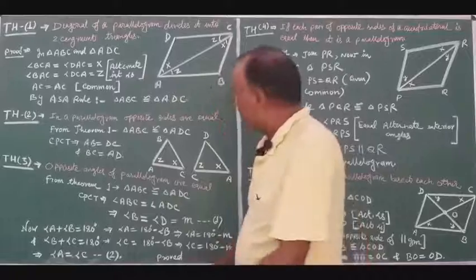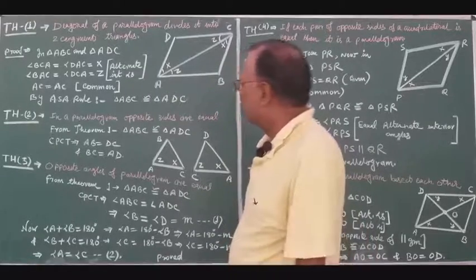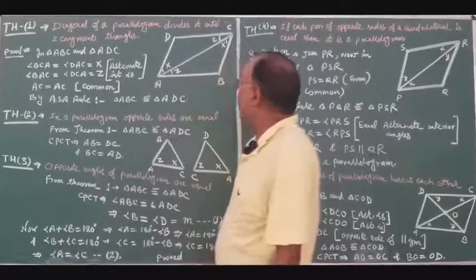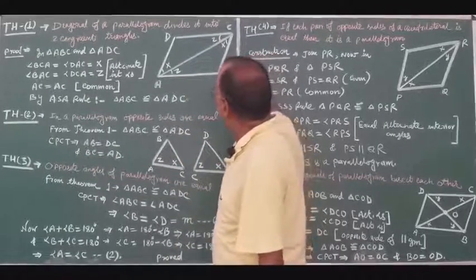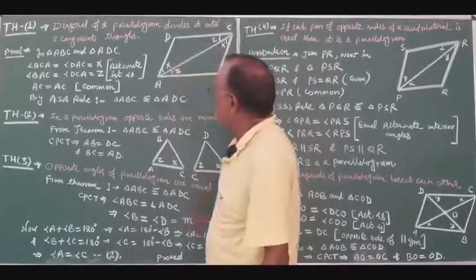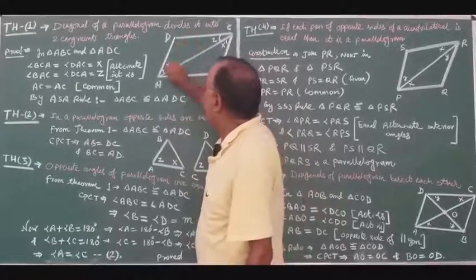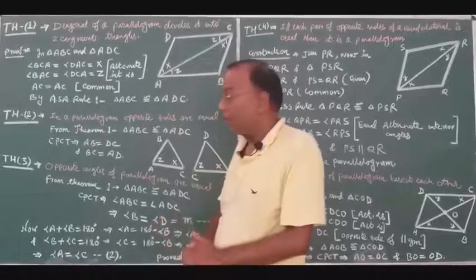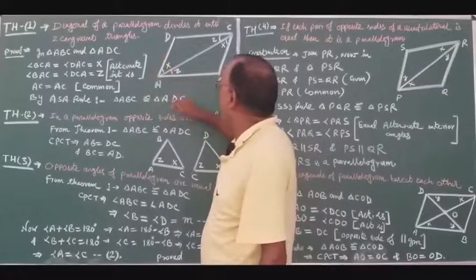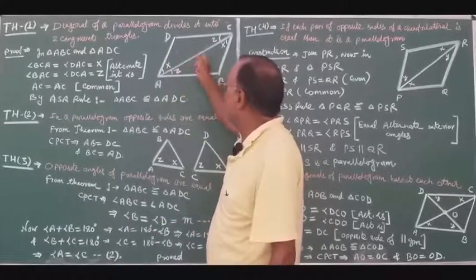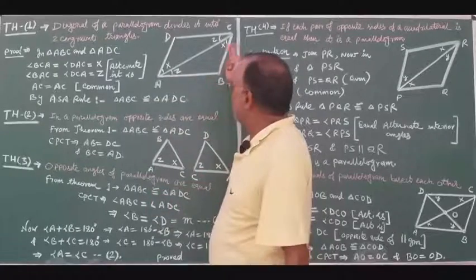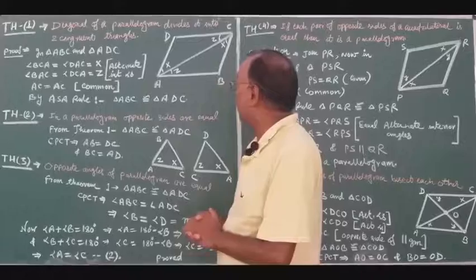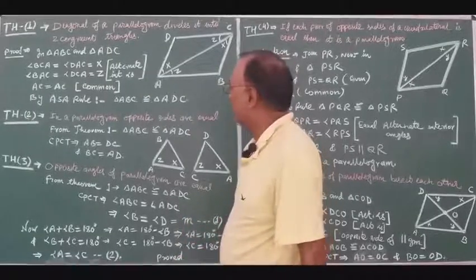In triangles ABC and ADC, angle BCA is equal to DAC because they are alternate interior angles, because AD is parallel to BC, so AC is a transversal and both angles are equal.